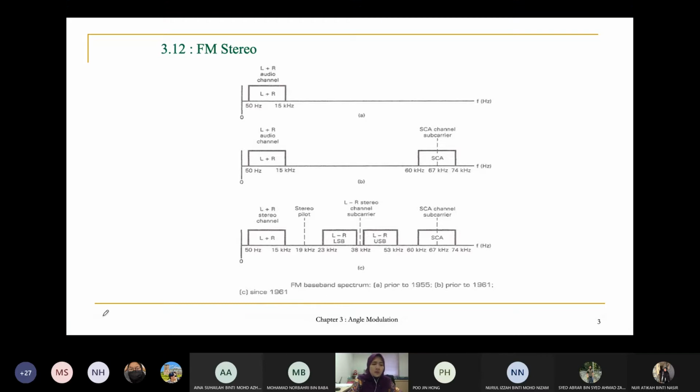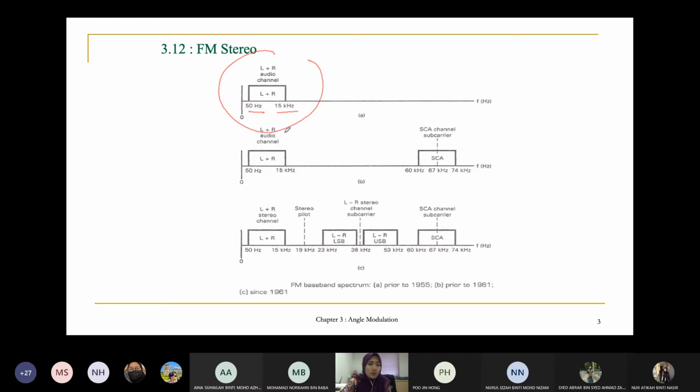You can see that before 1955, for radio signal transmission, we used monophonic. You only have a single channel from 50 Hertz to 15 kilohertz.